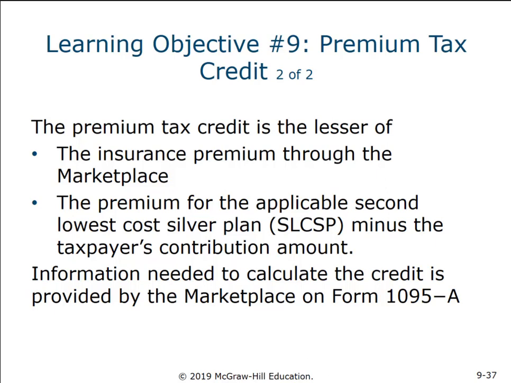Once you know that percentage, you multiply that by your income. That's how much you should have paid for health insurance, or at least that's how much the government thinks you could afford. Then you compare that to what your plan either costs or the premium for the lowest cost silver plan. You compare those, and the difference is what you should get as a tax credit. Basically, you're saying, okay, you paid more than you can afford, therefore you get some of your taxes back that you paid in income tax.